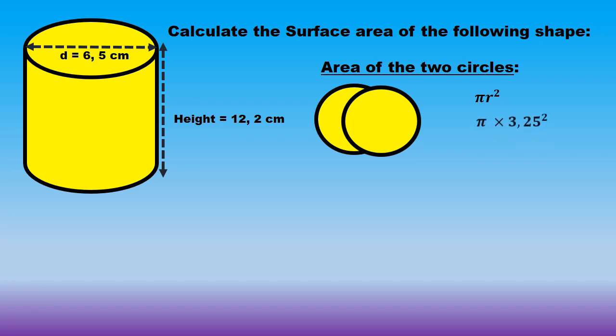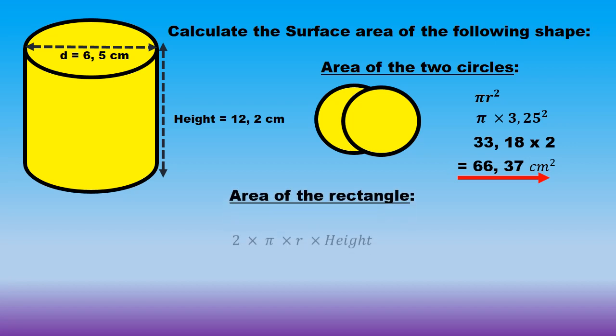The radius, we can substitute with half of the diameter, which is 3.25 squared. And then you get your answer, 33.18. It's going to be centimeters squared because we're working out the area, but we have to times that by 2 because there's two circles, which will give you 66.37 centimeters squared. Okay, let's keep that answer.